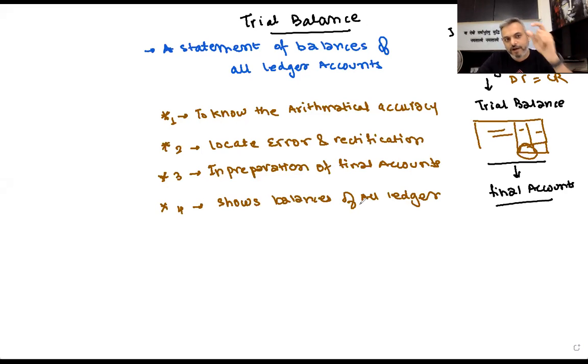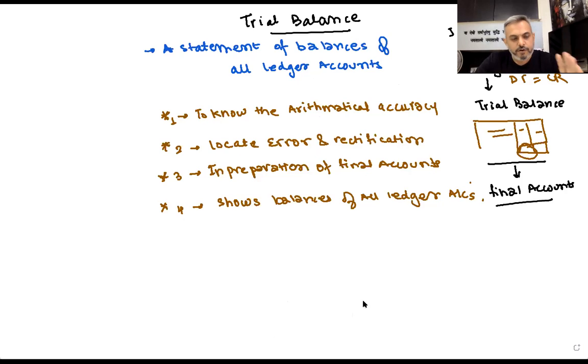Only those accounts which have balances will go to the trial balance. It shows balances of all ledger accounts. So these are the four broad categories why we go for preparation of a trial balance. So please write this and then we'll proceed with the sums.